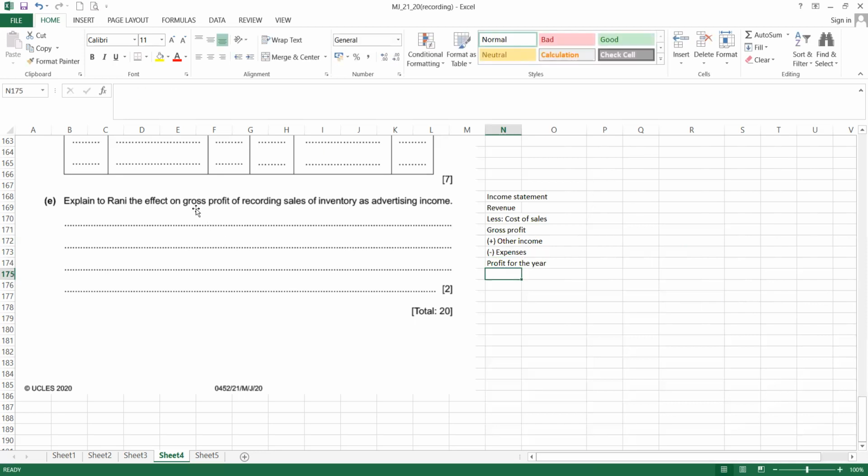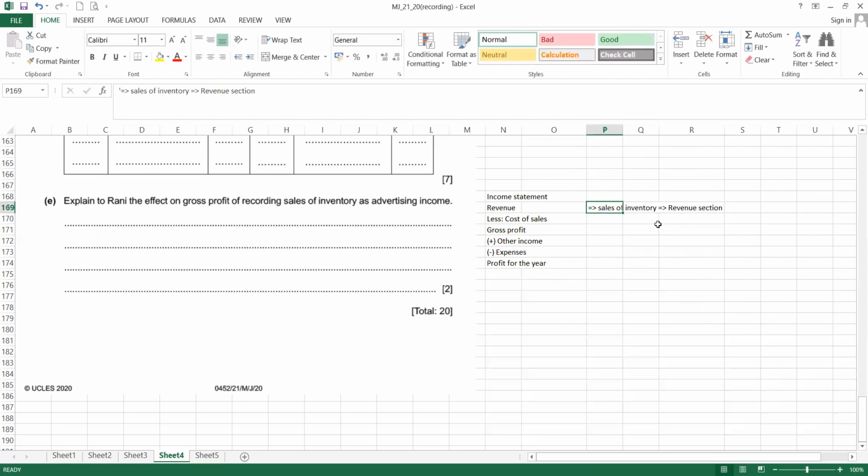So now, based on this information, they ask to explain to Rani the effect on gross profit of recording sales of inventory. Sales of inventory should be under the revenue section.